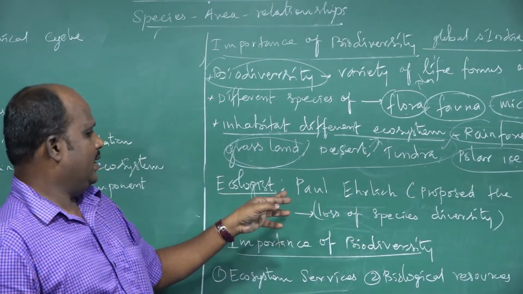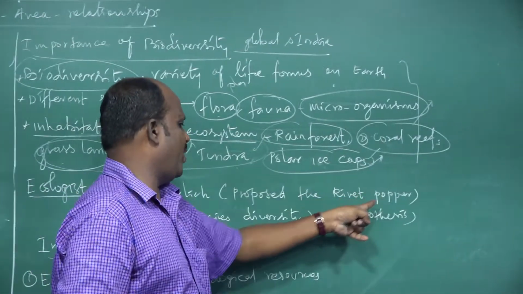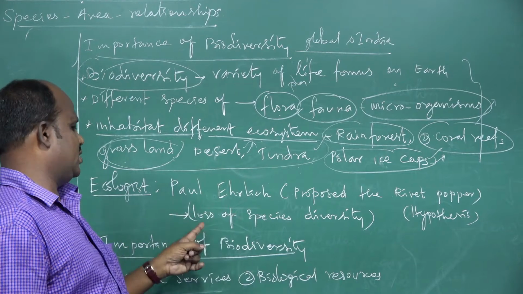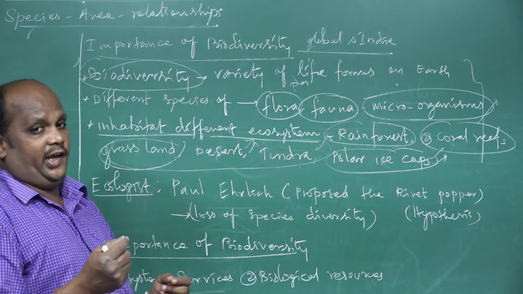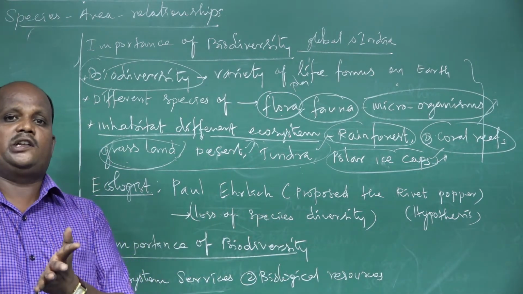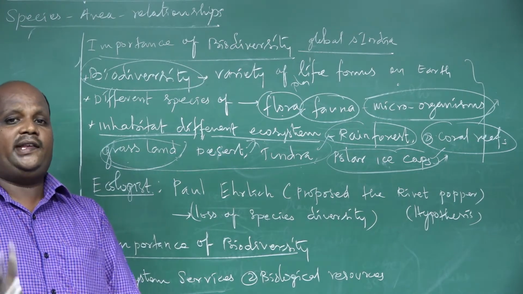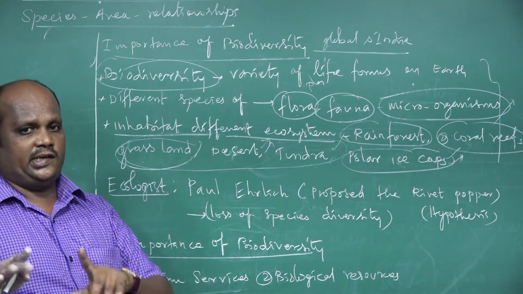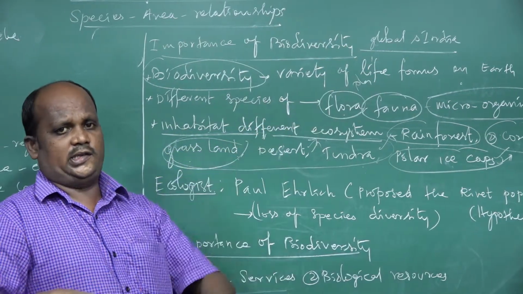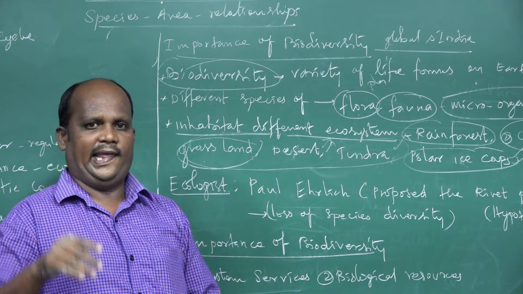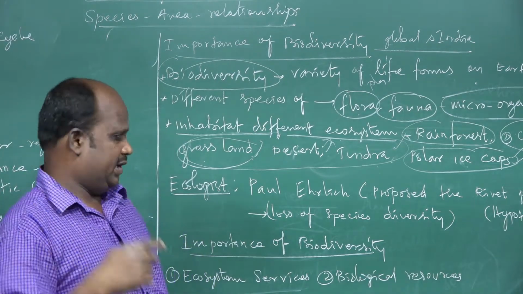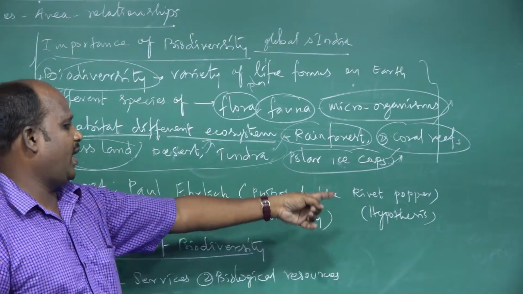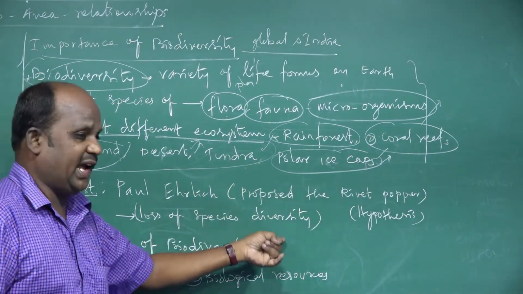So throughout this rivet popper hypothesis, the great scientist Paul Ehrlich proposed the concept, which is loss of species diversity, which means the number of living things, plants and animals are destroyed from the earth, major components which depend on the climate changes. The climate changes may lose species. Species is nothing but a living organism. That may be a plant or animals. So Paul Ehrlich proposed in a rivet popper hypothesis, loss of species diversity.